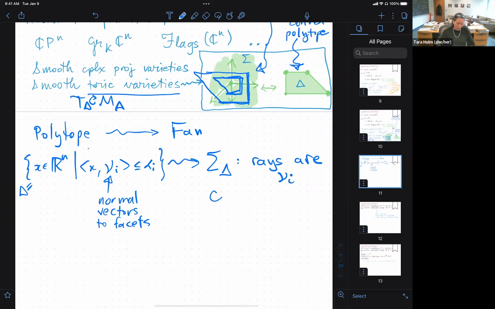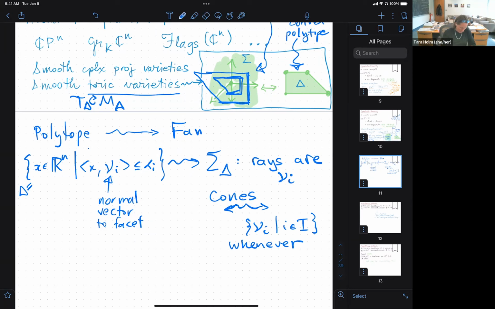And the cones of the fan correspond to precisely those collections of normal vectors such that, let's say the normal vector nu i is normal to the facet F i.